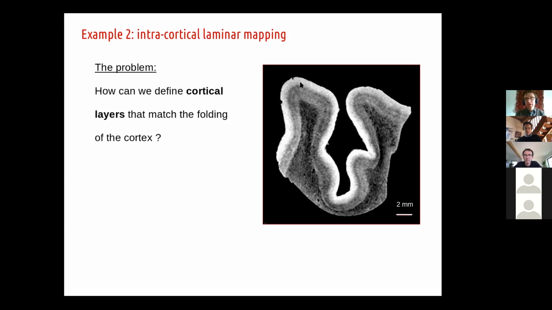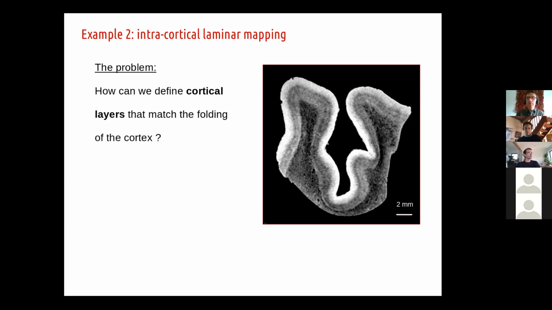And as the brain grows, it also starts folding based on physics and biomechanics of the tissue, so that we can fit a very big brain into a very small skull.